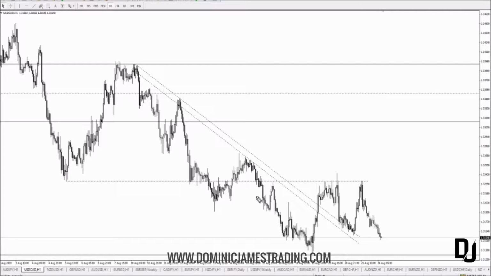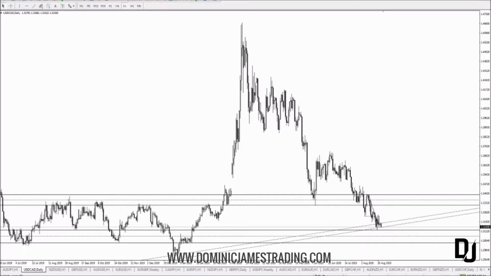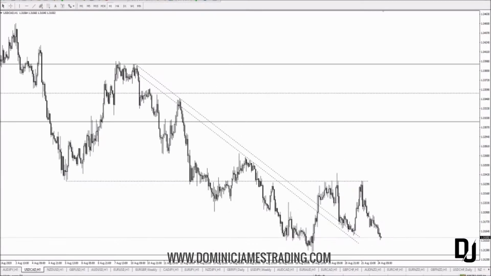We'll let Monday unfold and see where we end up, but looking for buying opportunities. Obviously what will negate this is if we just keep going lower and lower, but that's the key level I'm looking at on dollar CAD. You can see the reaction of it. I find it very hard to break through, so if you get H1 close above there, that's where I'll be looking to buy.